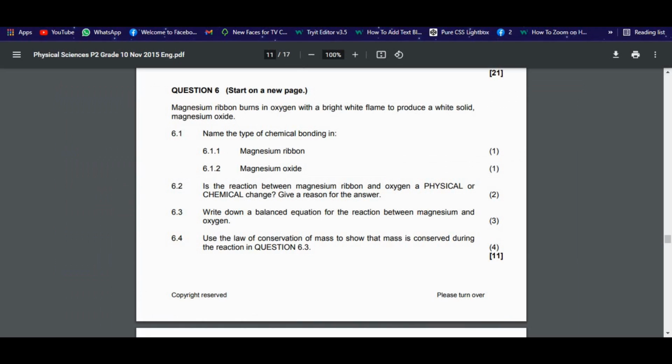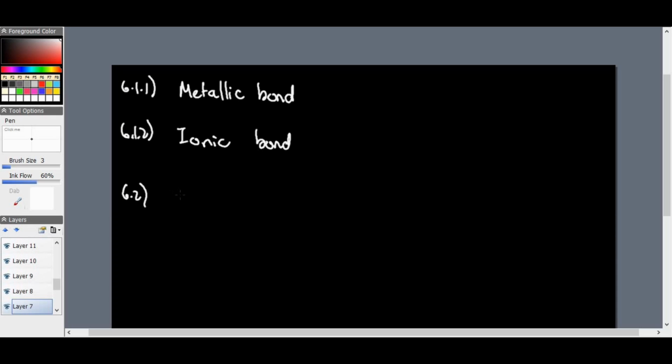For 6.2, is the reaction between magnesium ribbon and oxygen a physical or chemical change? Let's give a reason for our answer. In a physical change, remember when water changed phase to water vapor, we were still left with the same substance, the original substance that we began with. But here, when we burn magnesium ribbon in oxygen, we actually do form a new substance. So we know it is a chemical change.